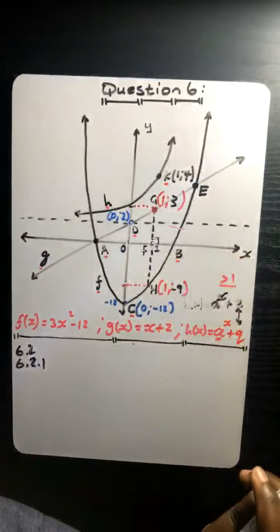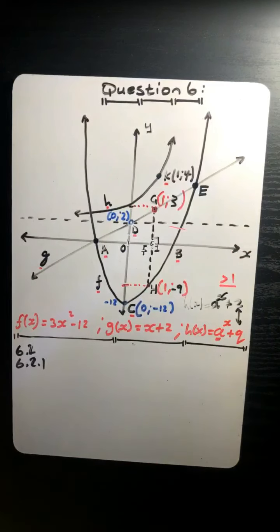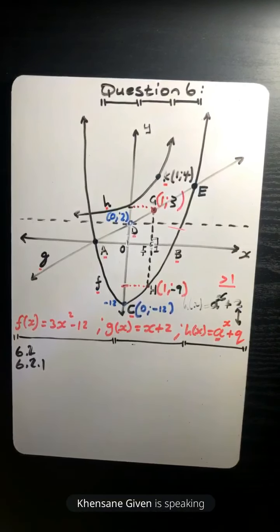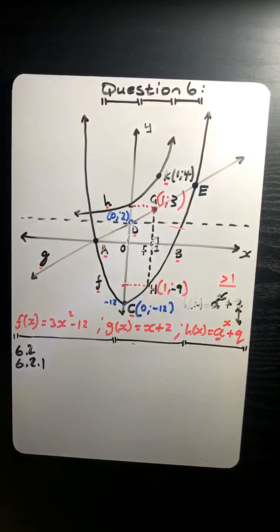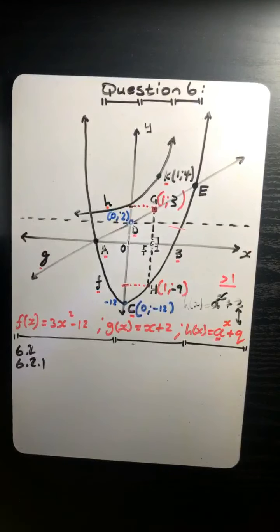Is there something that we know or something that we can say regarding E? Given, sir. Go for it. We can just say that the equation of f of x is equal to the equation of g of x. So did everyone get that part?